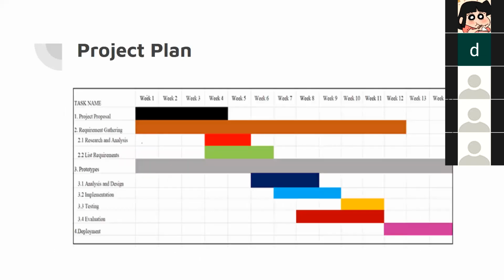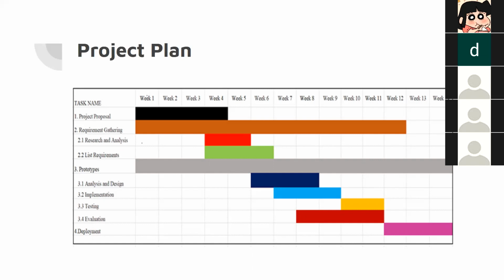And we move on to our Gantt chart over the 14 weeks of our project. First we come with the project proposal, which we need to complete before week 4, and the requirement gathering starts from week 1 until week 12. The research and analysis list of requirements we need to complete before week 6, and the prototype starts from week 1 until week 14.